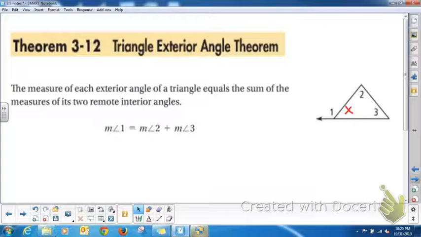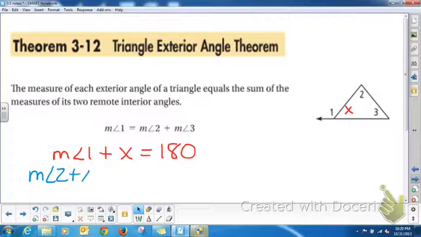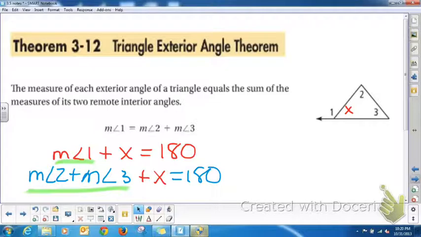If angle 1 plus x equals 180, because they're a linear pair, and you know that angle 2 and angle 3 plus angle x are equal to 180, then you must know that 1 and 2 and 3 have the same value, because when I add them to the same thing, they have the same sum.